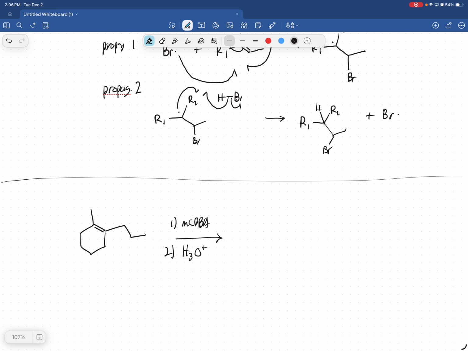All right, so for this alkene, what is the product of the very first reaction? Can we pinpoint what kind of functional group that is? So just after the first reaction, what's the intermediate here? What kind of functional group? MCPBA, that converted an alkene to what?